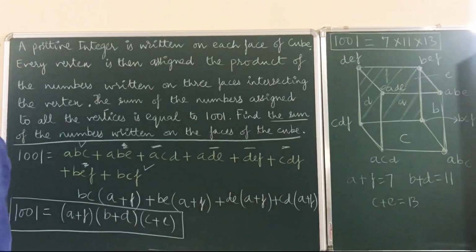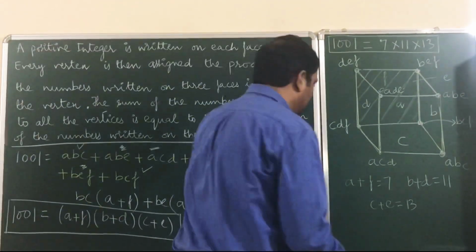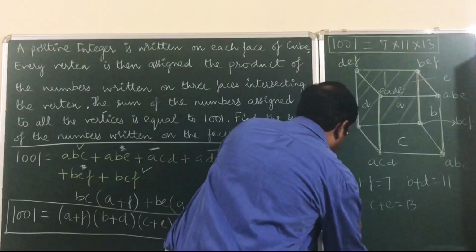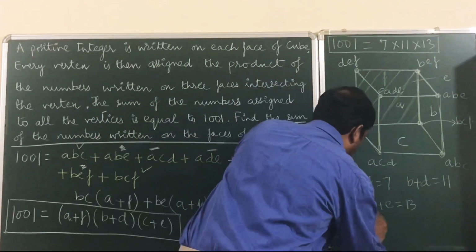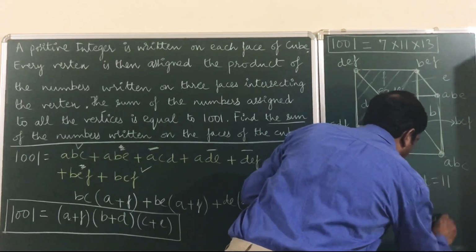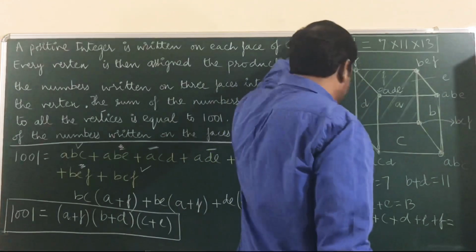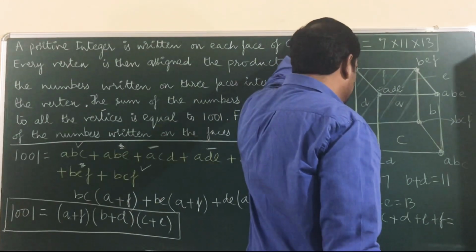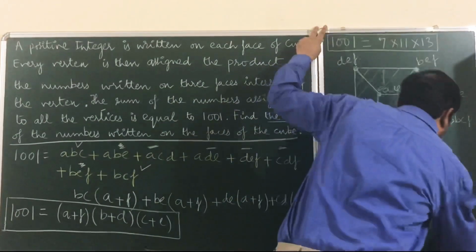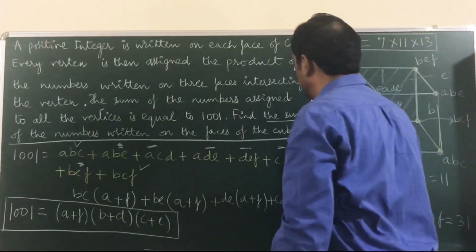If I directly add all this, we will get A plus B plus C plus D plus E plus F. And if we add 7 plus 11 and 13, that is 31. So the answer of this problem is 31.